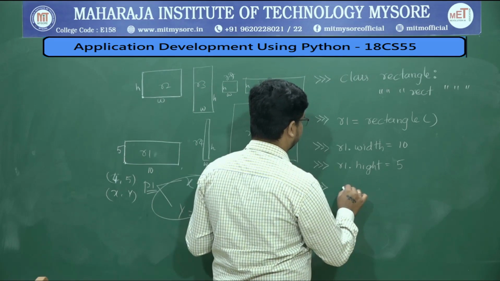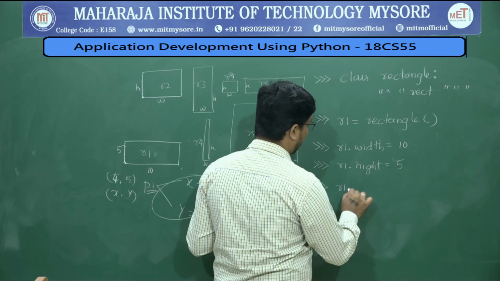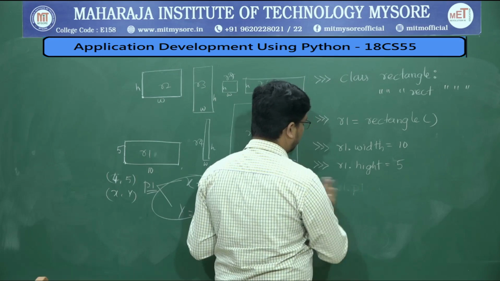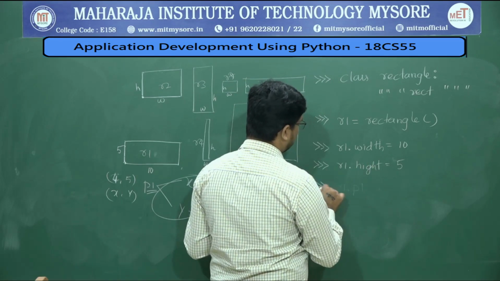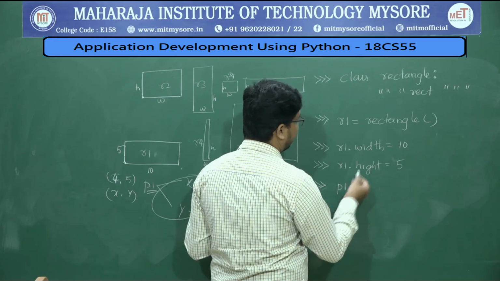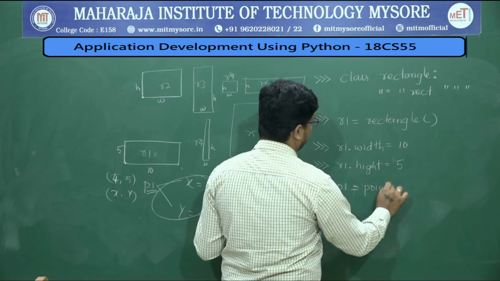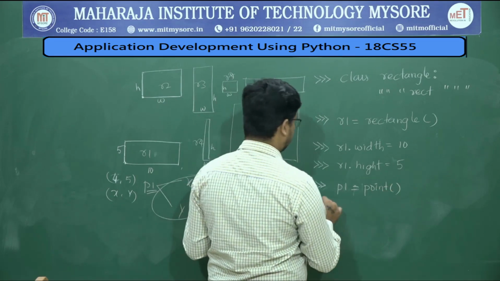For that you can say what? R1 dot P1. So for that, if you want to create, you can create one more. Already we have, what? I am rewriting it. P1 is equal to point. Right.